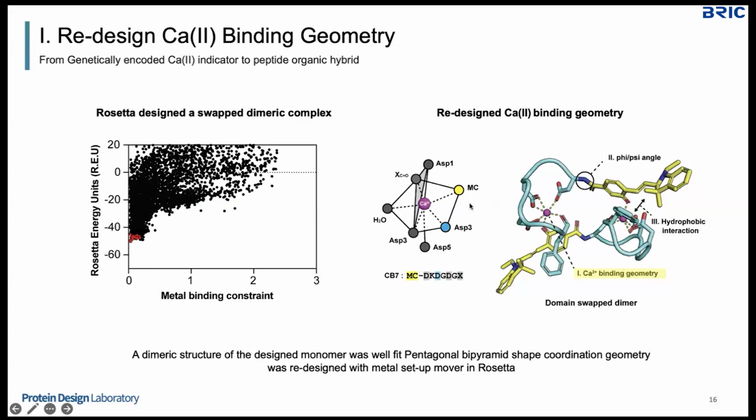Rosetta suggested that in this merocyanine form, the ionic oxygen could be involved within the calcium binding geometry. Basically, we reshaped the whole segment to make it a fitted structure for the calcium binding sites. In this step, we realized that a swap dimeric structure is the fitted one for our design.